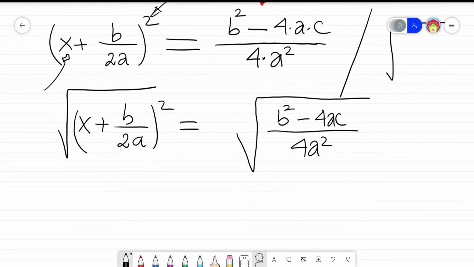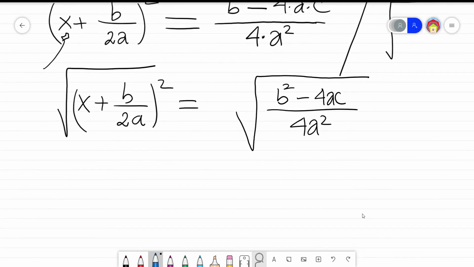There we are. Why this? Because, by number theory, everybody knows that power 2 and square root cancel each other and just leave that value. Now here I need to put a plus and a minus.